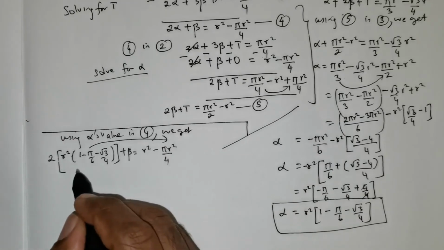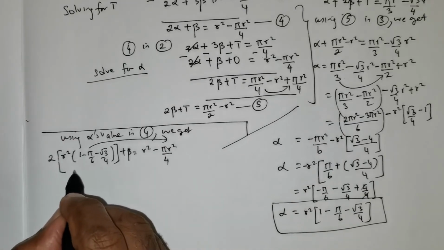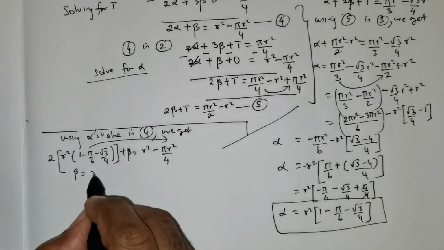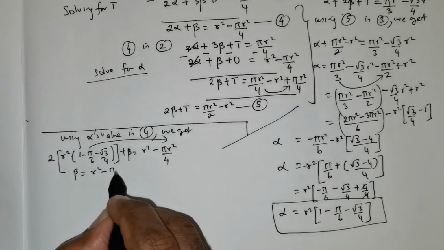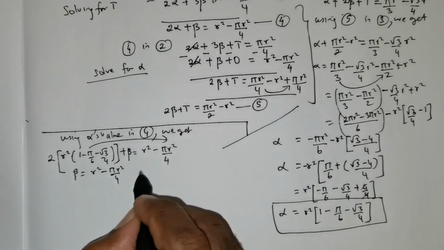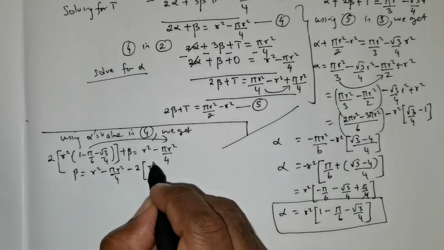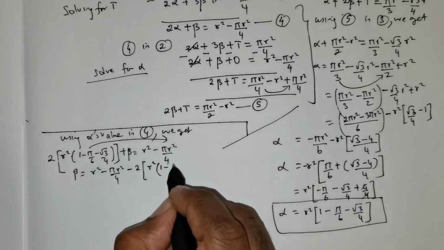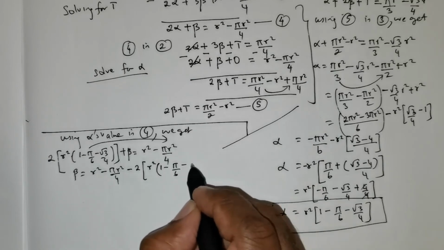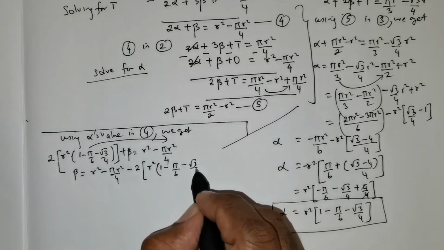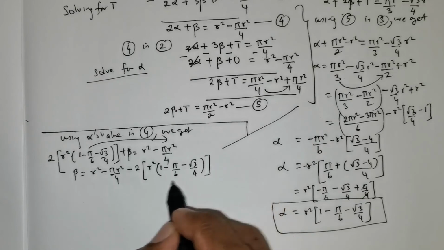Now moving this to the right side, I would get beta is equal to r squared minus pi r squared over 4 minus 2 times r squared of 1 minus pi over 6 minus root 3 over 4.